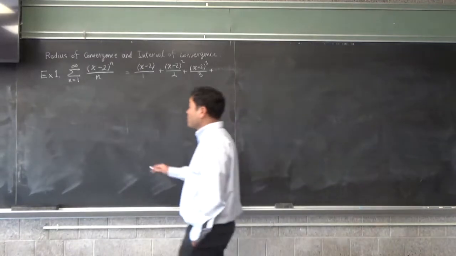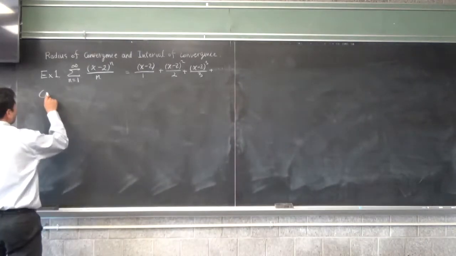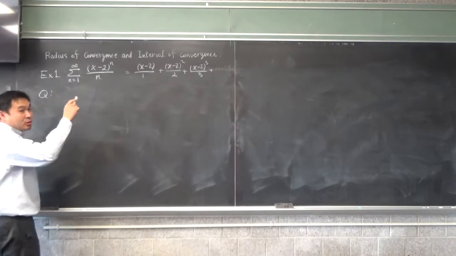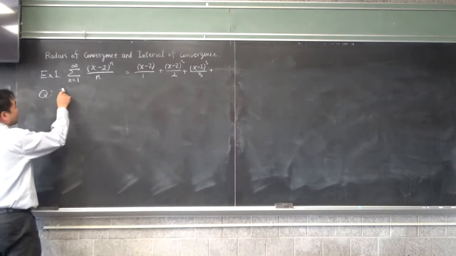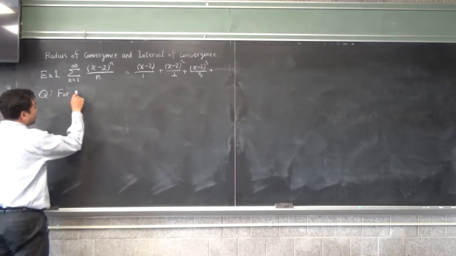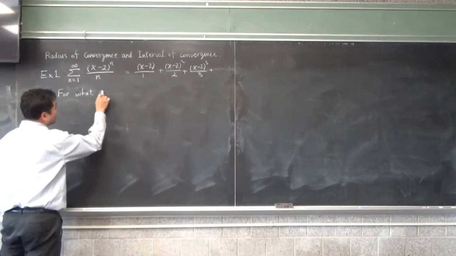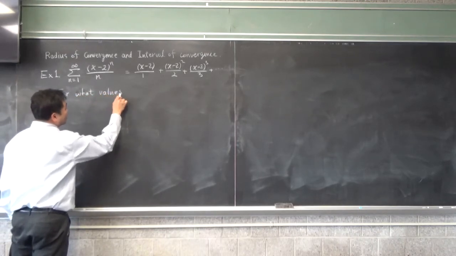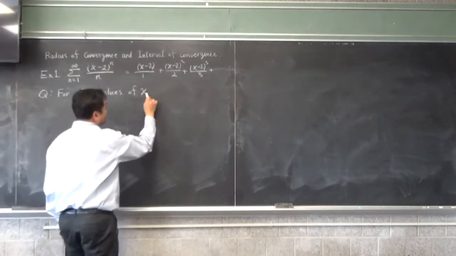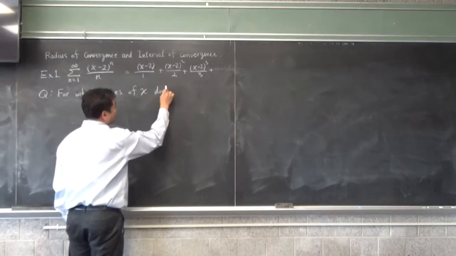So here's the question that would naturally arise once you start plugging in values: for what values of x does this converge?